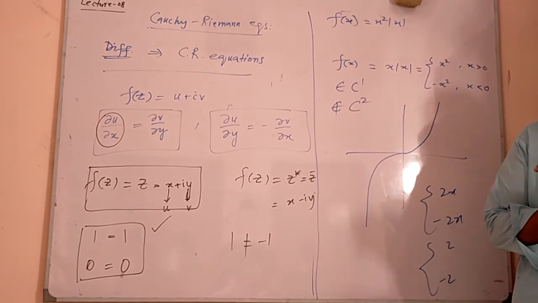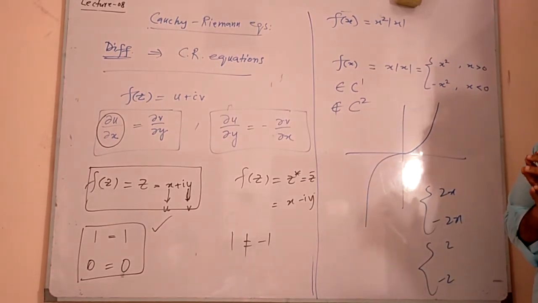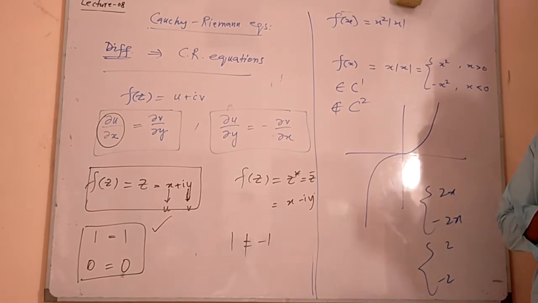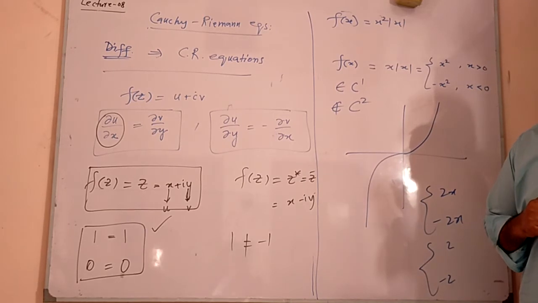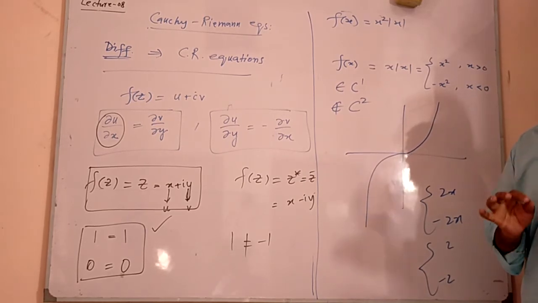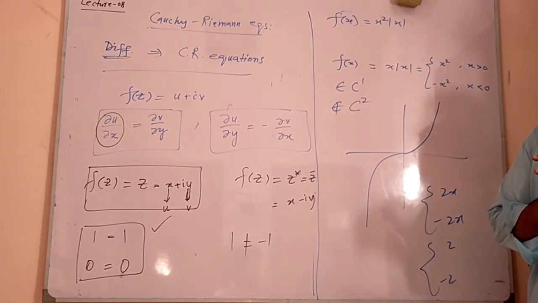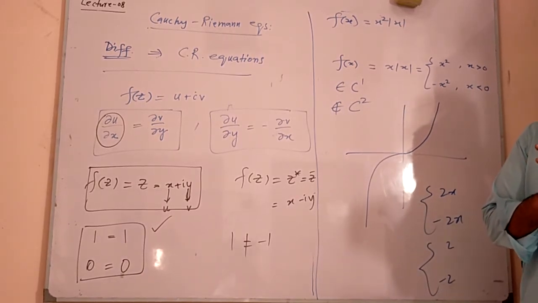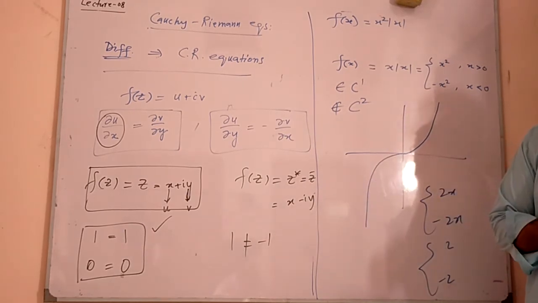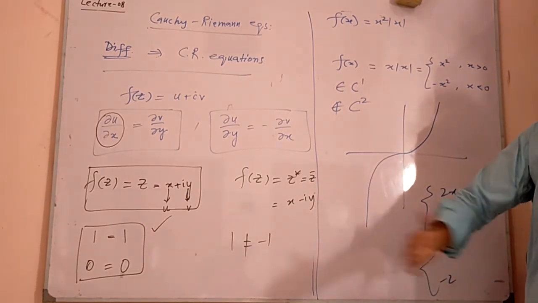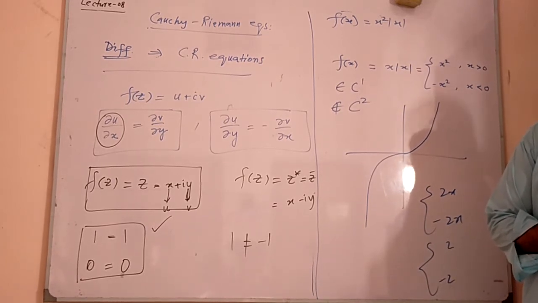So one small tip is there. If you want to see whether a complex valued function is differentiable or not, you should check one thing, that it should be free of z conjugate. It means your complex valued function should not include anything like z conjugate. If there is any term like z conjugate, then your function is not differentiable.